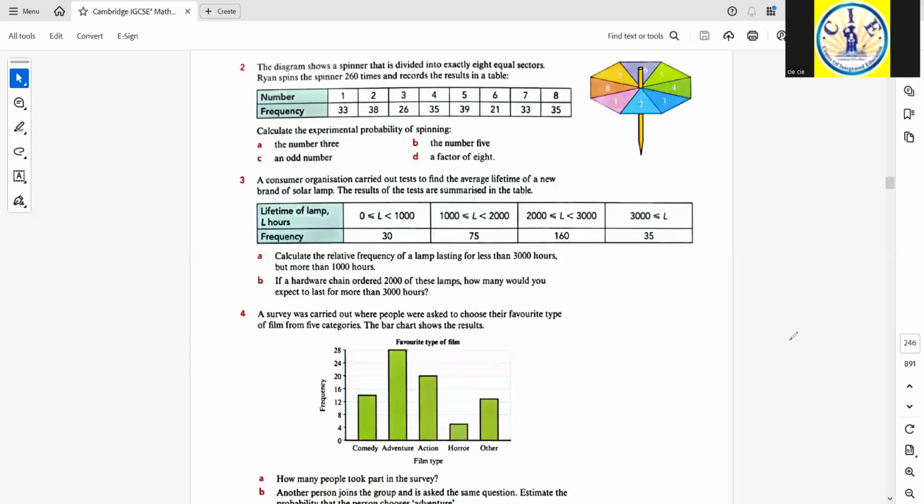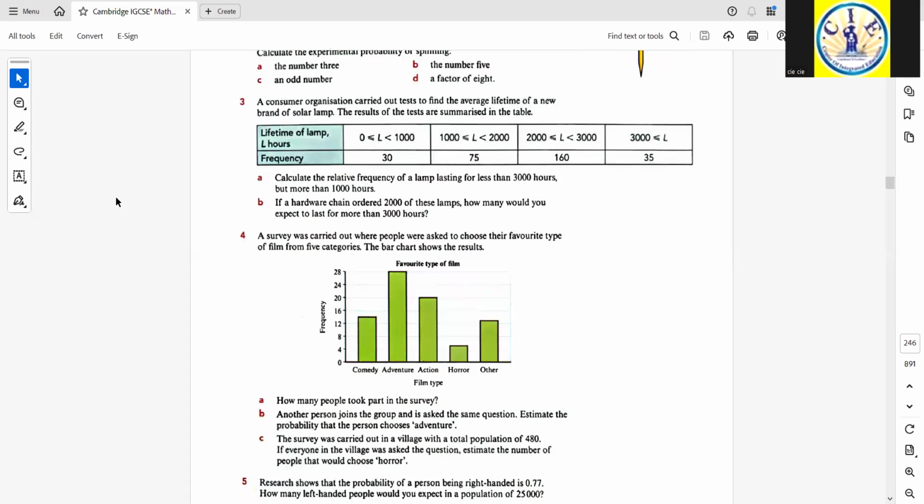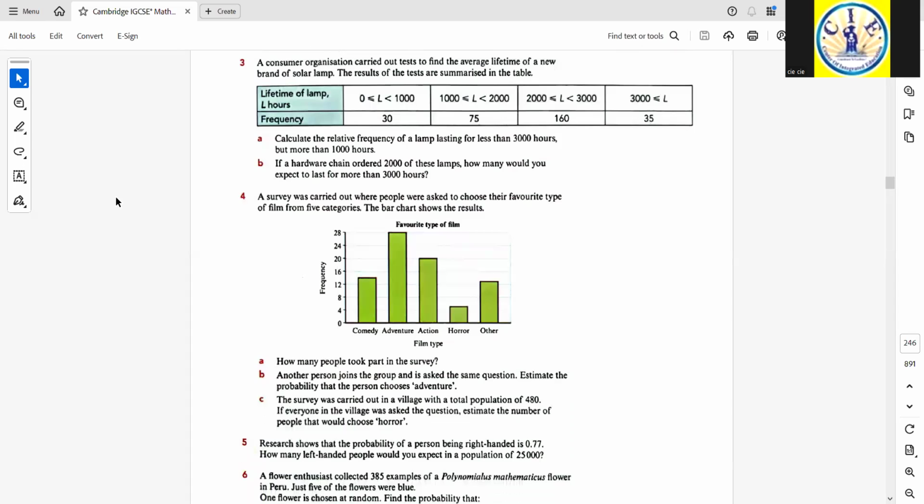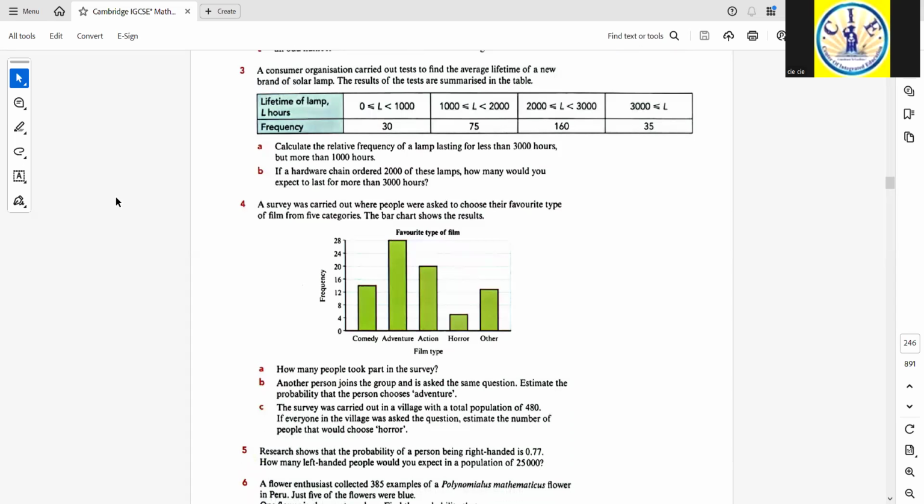Okay, then it is question number 3. A consumer organization carried out tests to find the average lifetime of a new brand of solar lamp. The results of the tests are summarized in the table. Lifetime of lamp, which is given in hours represented by L, and its frequency, number of the bulbs actually.